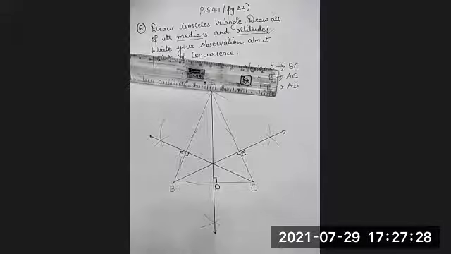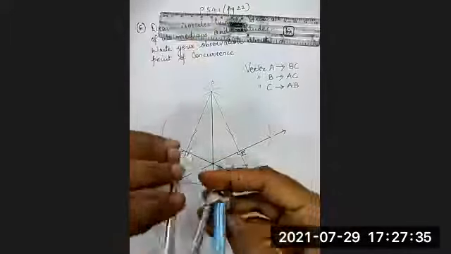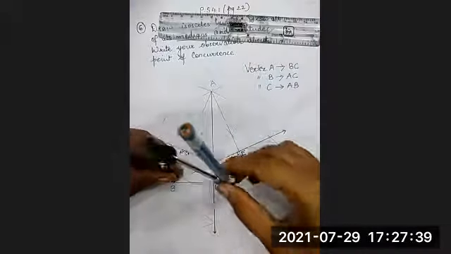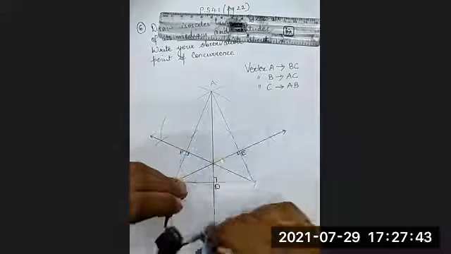Now I will go for the medians. We know for a median we need a midpoint, and for a midpoint we need perpendicular bisectors. So I will first start with the bisection of side BC. I will take more than half distance and make the arcs.